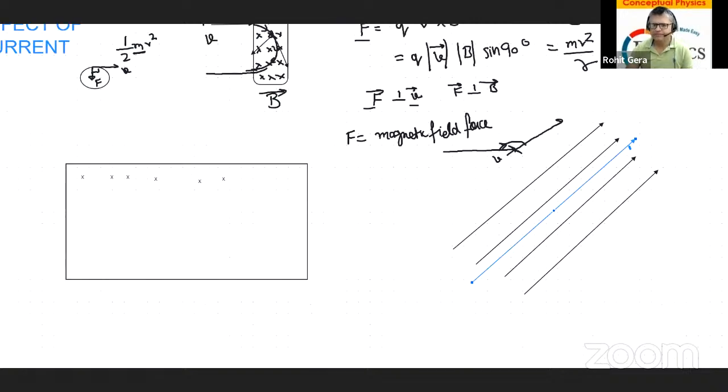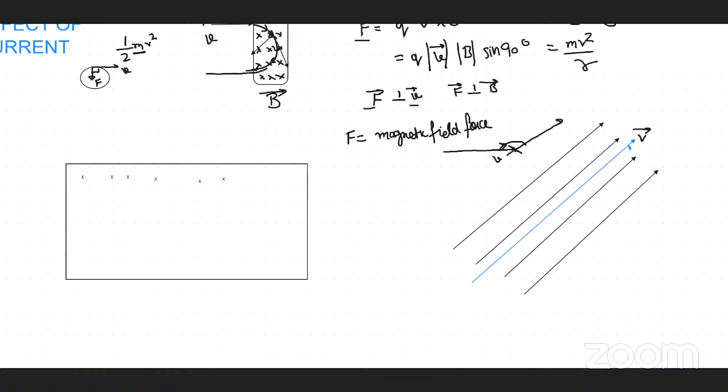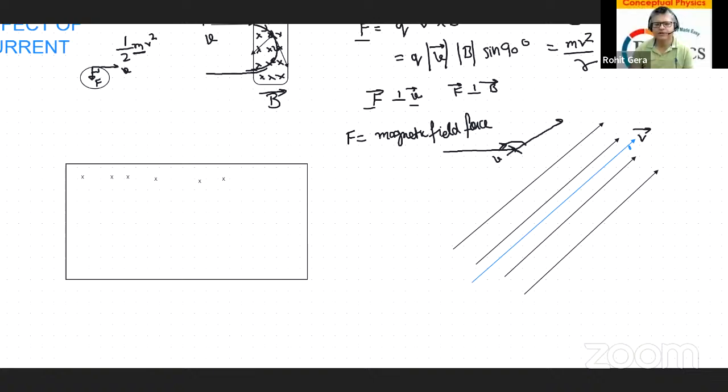That's your B, and that's your charge. Velocity is again V. This is your magnetic field inside, and the charge is also going inside the page. What is the force experienced by the charge?